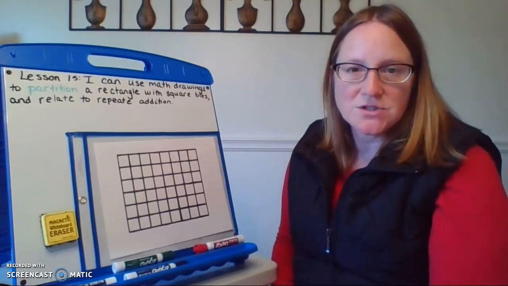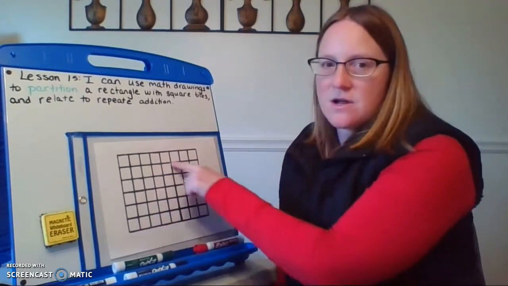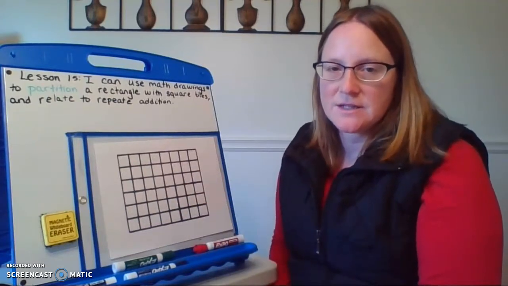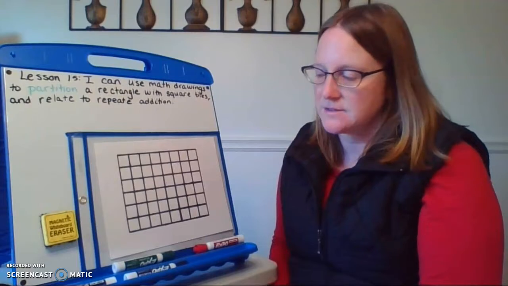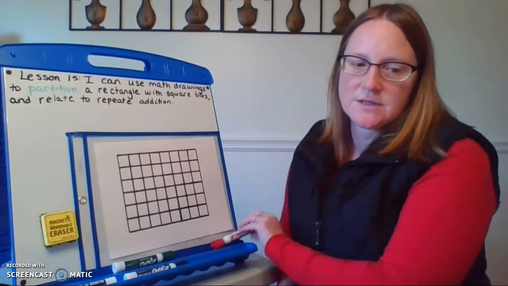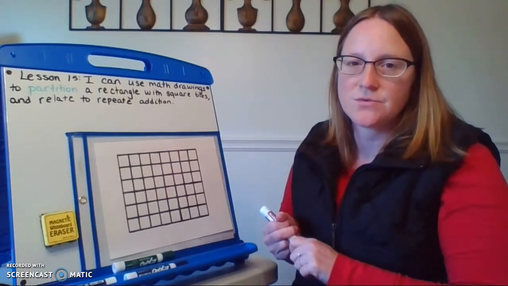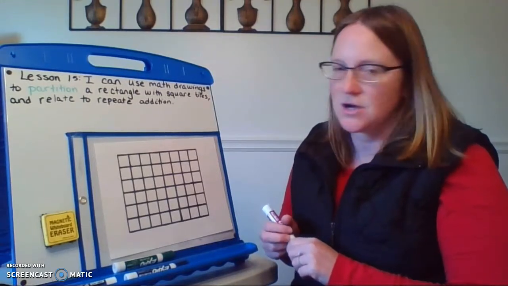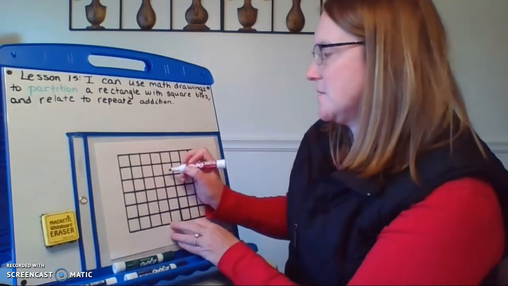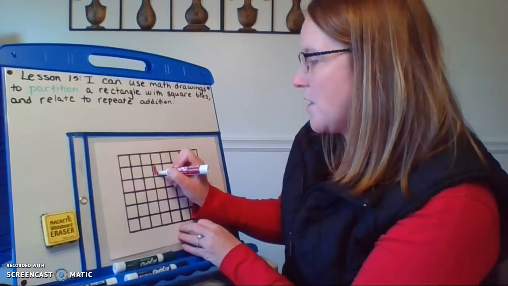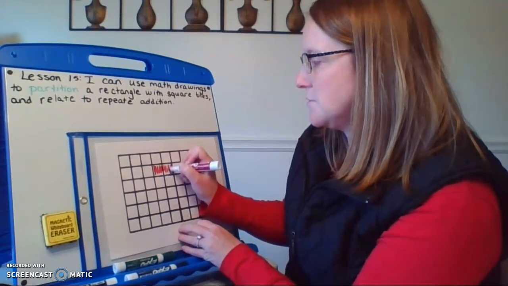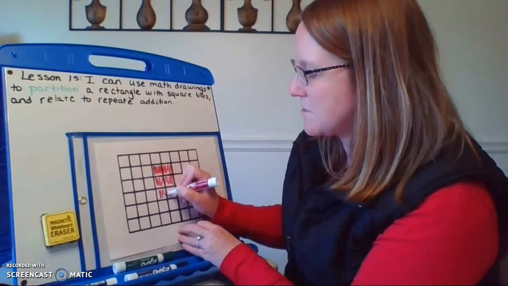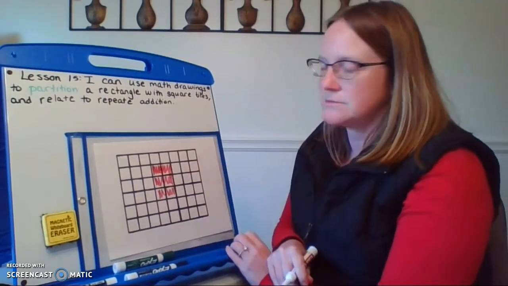So on your activity sheet today, you will be given a grid that looks similar to mine, and you will be having to color in different parts or different arrays. The first one we'll do together is if I wanted to draw 3 rows of 2. So what that looks like is I have 1 row here of 2, a second row of 2, and a third row of 2.